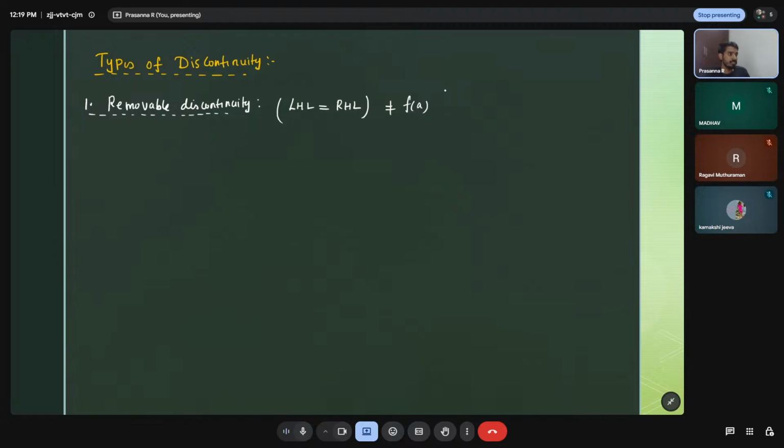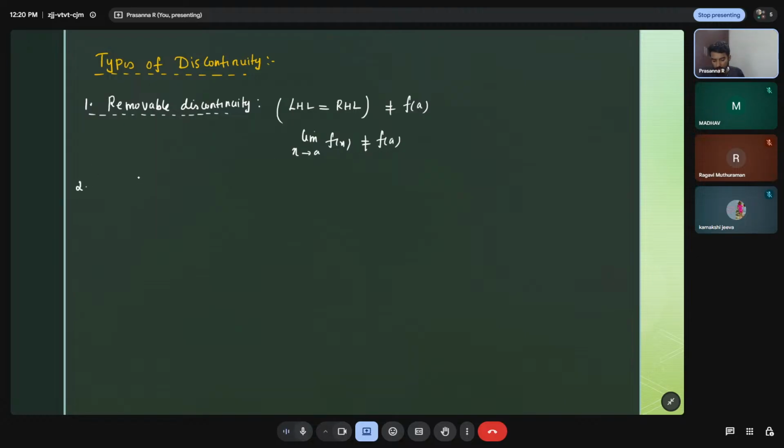LHL is finite, RHL is finite, f of a is finite, but the limit is not equal to f of a. Then that type of discontinuity is called removable discontinuity, right?